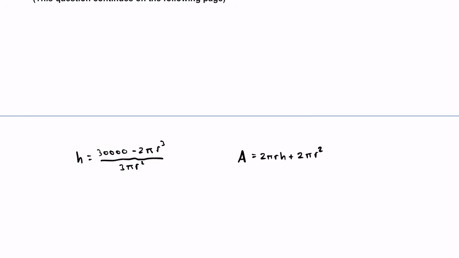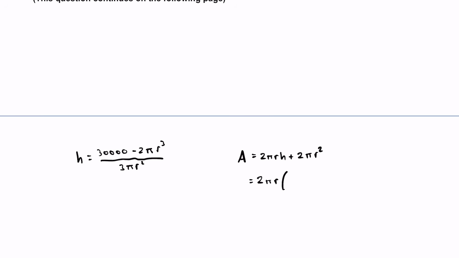So once again, here is our original equation for surface area in terms of r and h. Here's h in terms of r. Let's substitute into here, and then we'll just get this in terms of r. All right, so it is equal to 2 pi r.